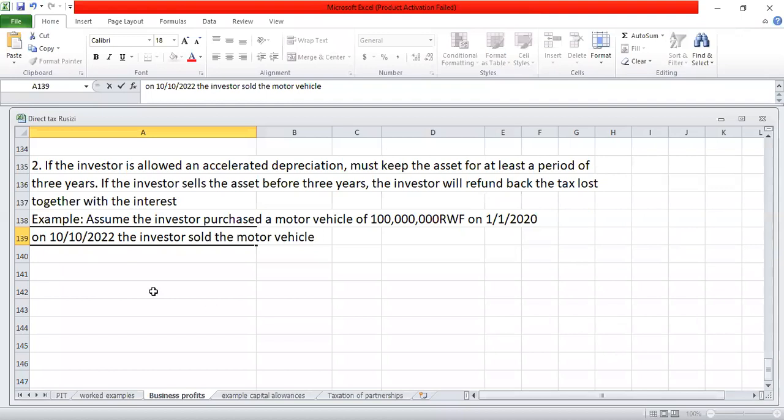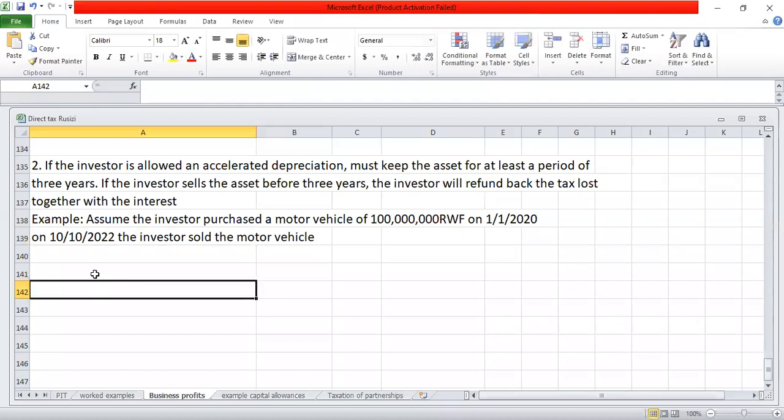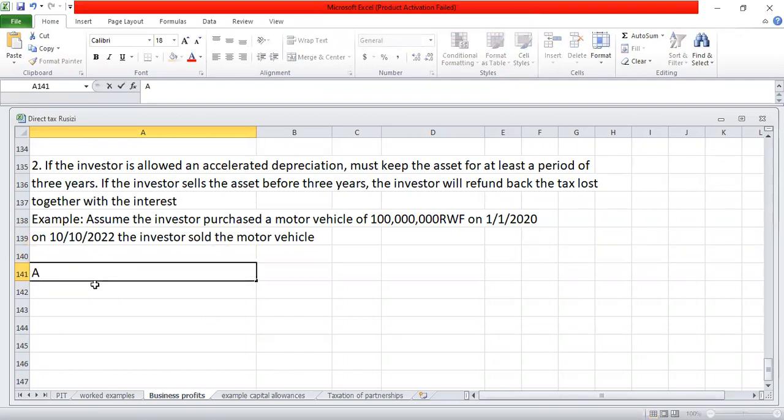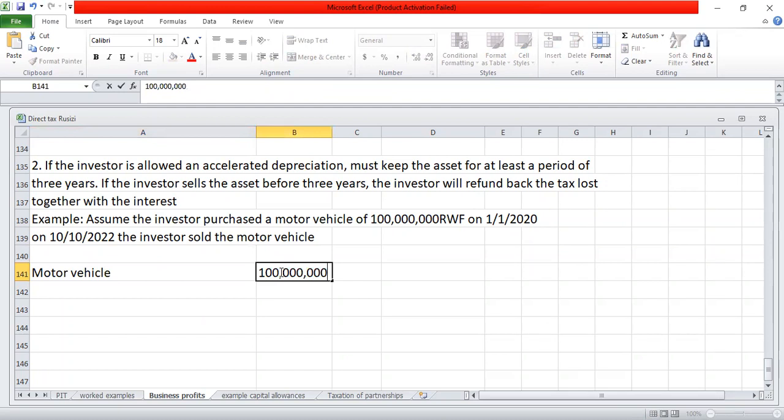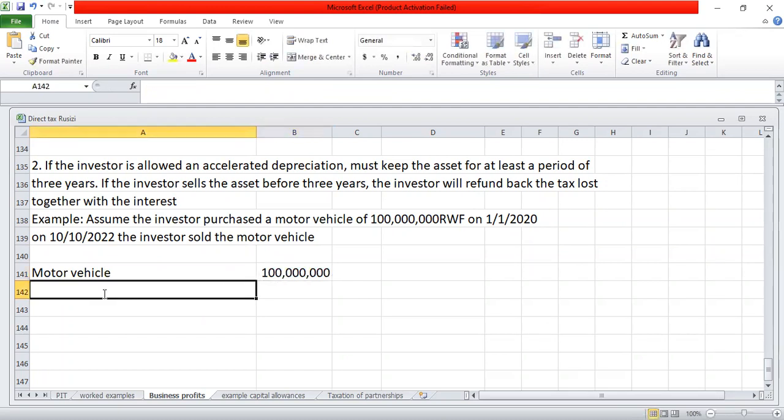Now, when we are computing our capital allowances, we shall have our motor vehicle, which is going to have a cost of 100 million. Then I recognize my accelerated depreciation.